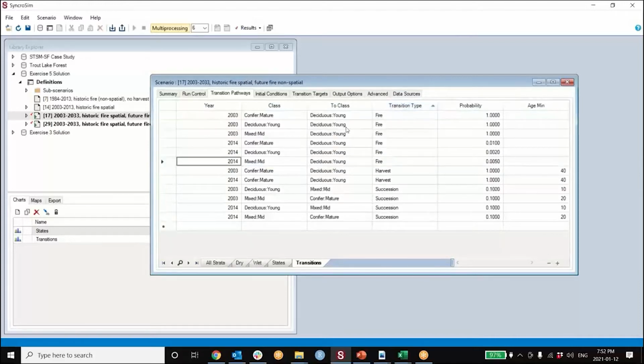We set the probabilities to be 1 here, these 3 values here, and this is why I told you yesterday, we have this convention of setting the probabilities to 1 for transitions that we don't plan to set the probabilities directly in this table, so that we can go and set those probabilities elsewhere.